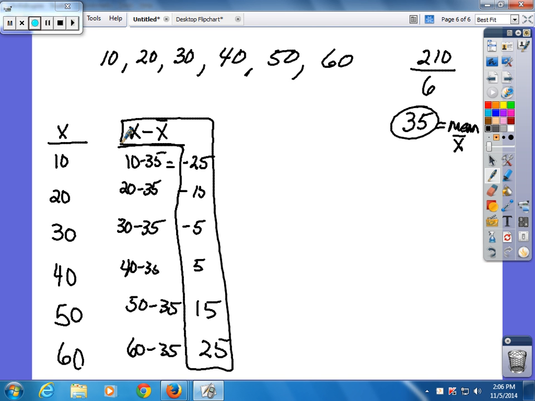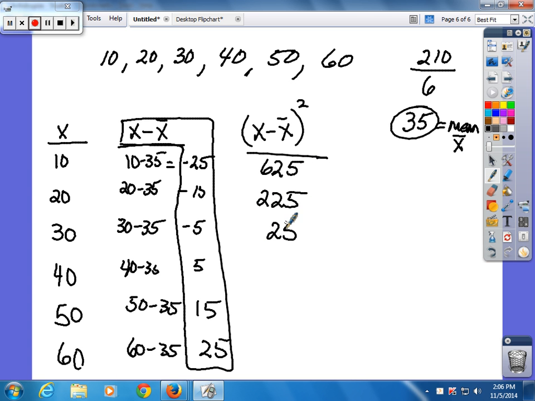Now what do we do? Well, the third column is X minus X bar, quantity squared. So I take 25 and negative 25 and raise it to the second power, and that gives me 625. 15, negative 15, is 225. 5 is 25. 5 is 25. 15 is 225.